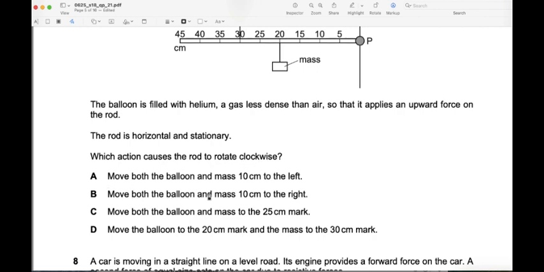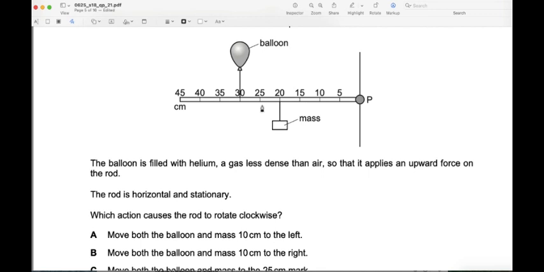B. Move both the balloon and the mass 10 centimeters to the right. If we move this one closer to the right, 10 centimeters, and this one closer, this will no longer balance. It will cause a clockwise rotation like this.